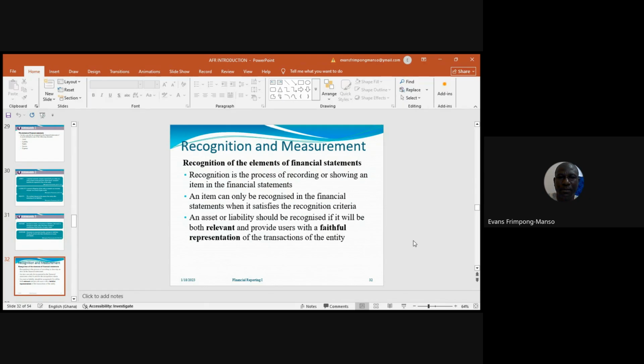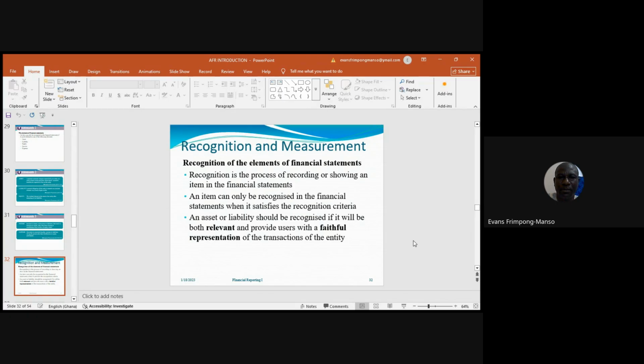But what is the measurement? Measurement is what amount we are showing the item at on the financial statement. So recognition is sending the item to the financial statement. Measurement is how much you are recording as the value or the figure for the item that you have sent to the financial statement.